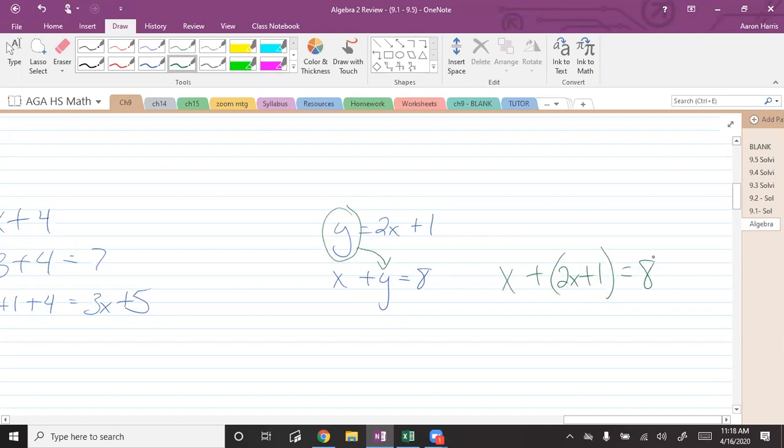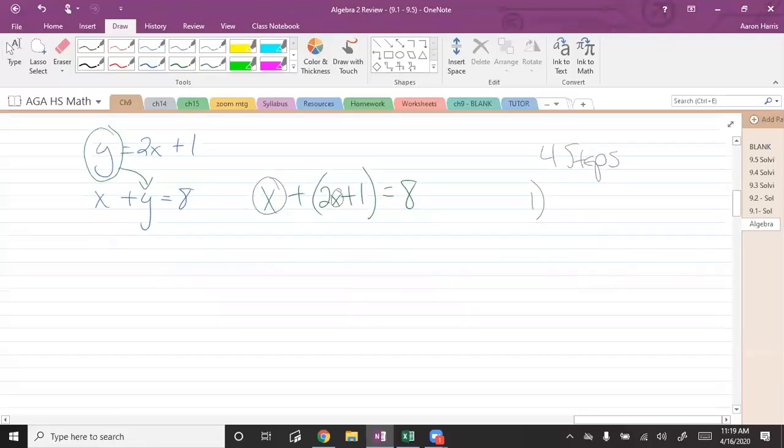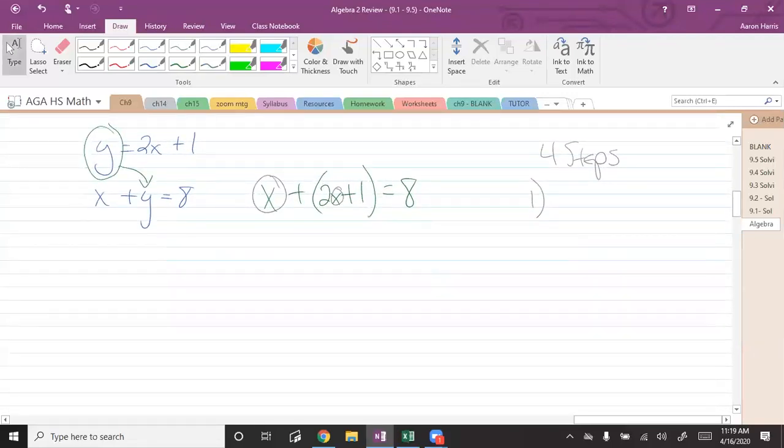And anytime you substitute, you always use what? Parentheses. So now what am I going to solve for? x. Whenever I go to solve, what do I use? Steps. 4 steps. So here we go. Simplify and combine like terms. What's the first thing I got to do?